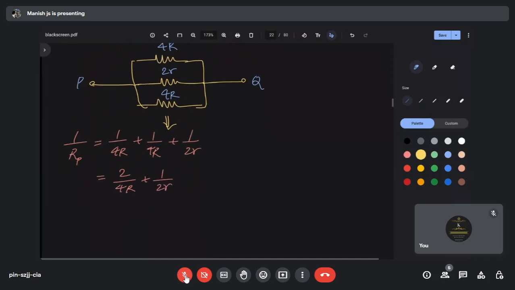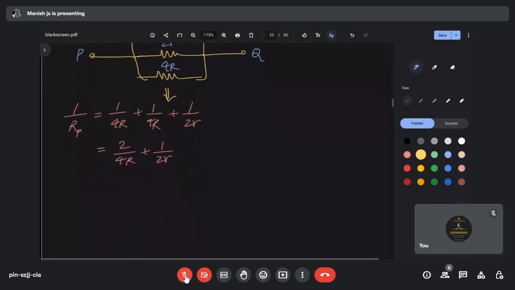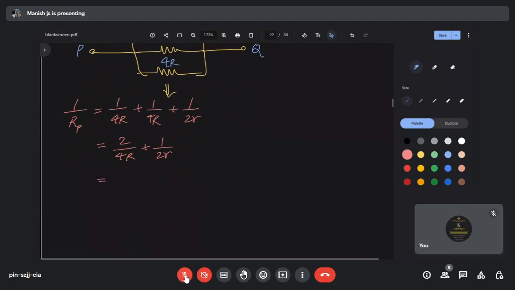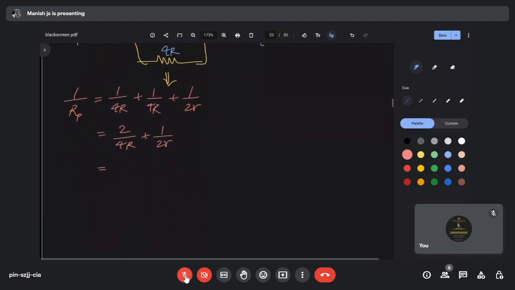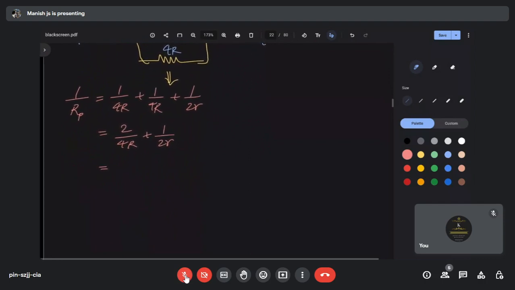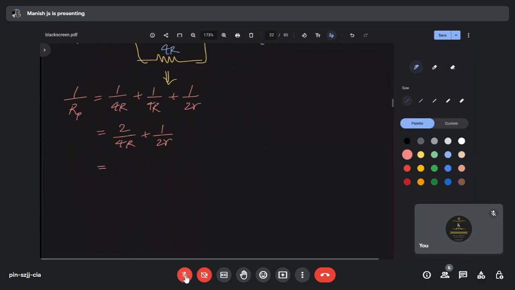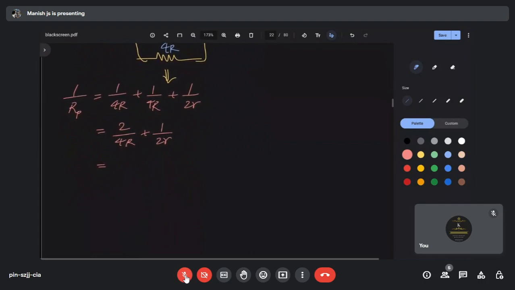So 2 times 1 upon 4R is there. So we can write 2 upon 4R plus 1 upon 2R. So what is the LCM? 4 by 4R, sir. Yes. What's your LCM here? 4R, sir. Capital R or small r? You have both, no? Capital R is there, plus small r also is there. You can simplify this if you want.